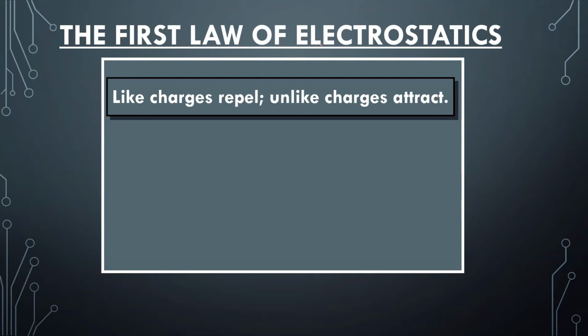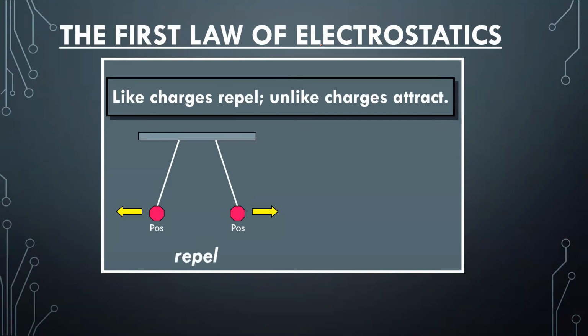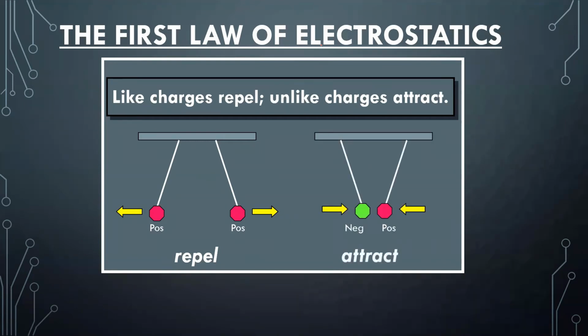If they have like charges, for example, if they are both positive, then they will repel each other. So no matter how hard you push the two together, they will not stick since they have like charges. But if they have unlike charges, if one is negative and one is positive, then no matter how far apart you put them, they will stick together since they attract each other.